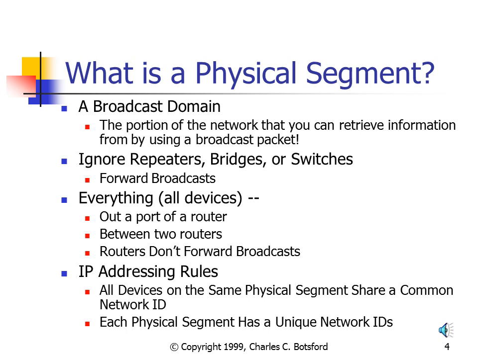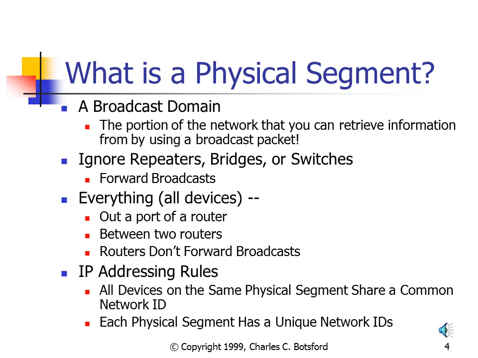Now this is important because of our IP addressing rules. Remember, all devices on the same physical segment share a common network ID. So that means all devices out one port of a router or between two routers would be on the same physical segment, and therefore they would have the very same network ID. Of course they'll have a unique host ID to give them a unique IP address, but they all share a common network ID.